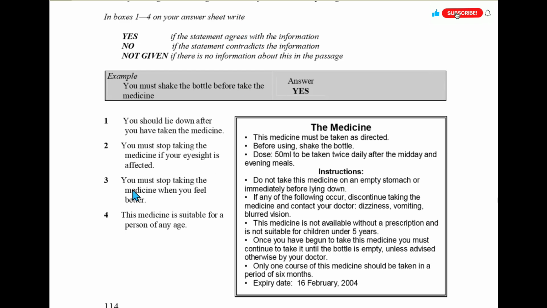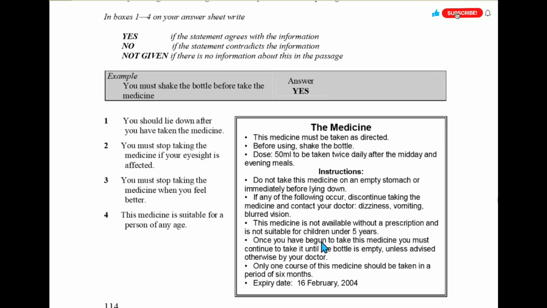For the next question, 3, you must stop taking the medicine when you feel better. And for this, let's see where it says. So the next point was medicine is not available without a prescription. So just skip that. The better part is this one that we can see.